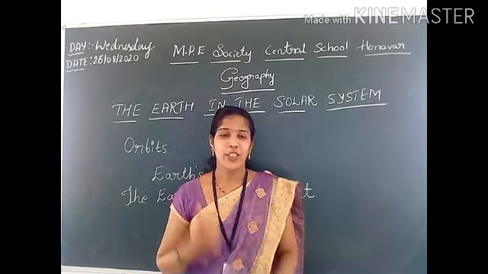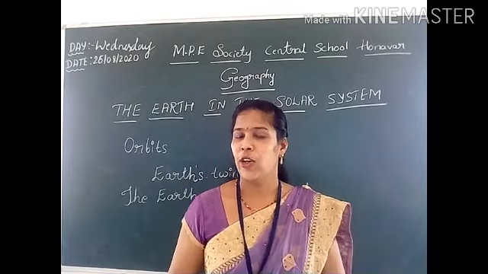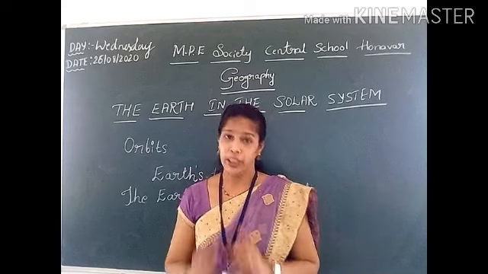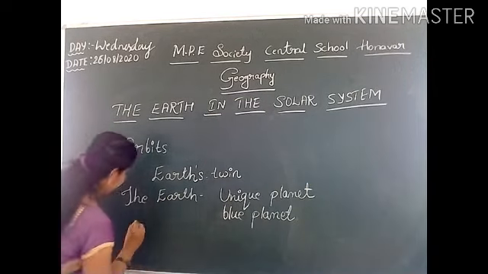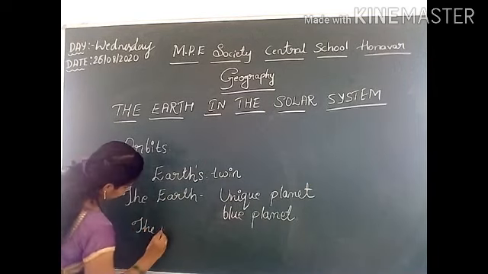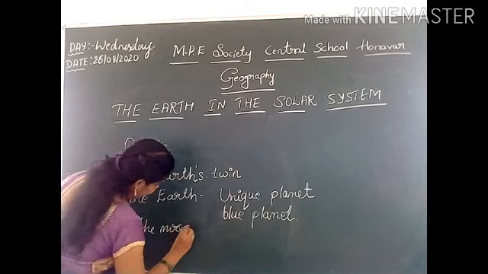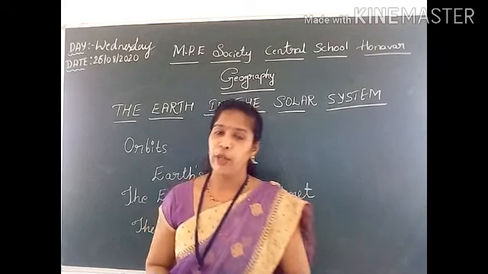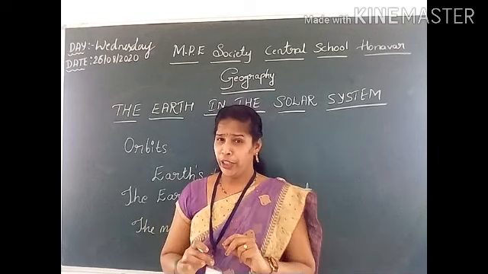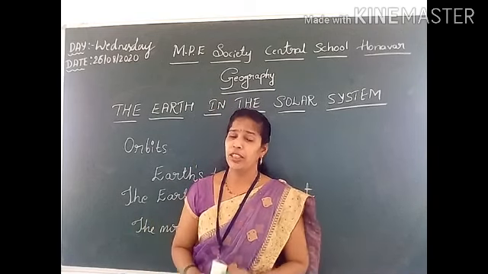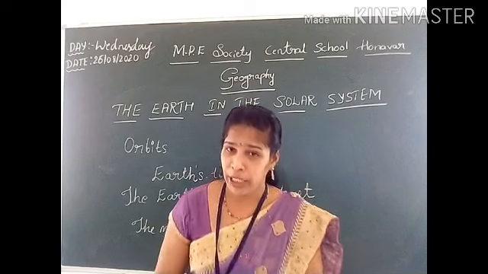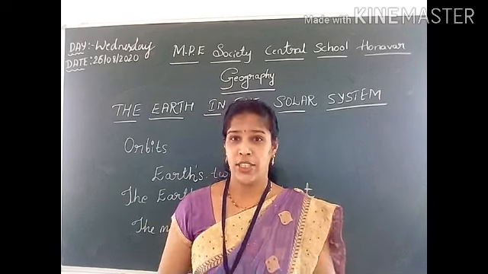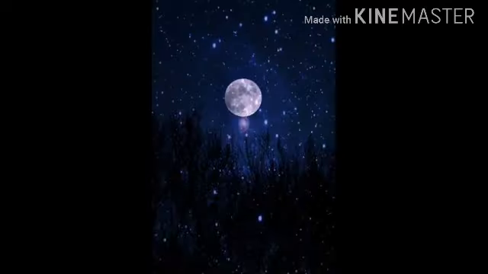Next, let us know about the natural satellite of the Earth. It means the moon. Our Earth has only one moon. Students, when we see the moon from the Earth, it appears bigger than the other celestial bodies.